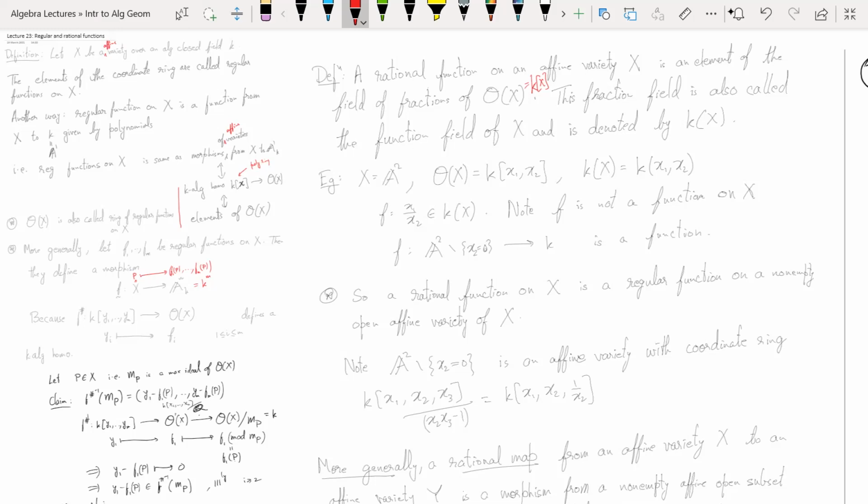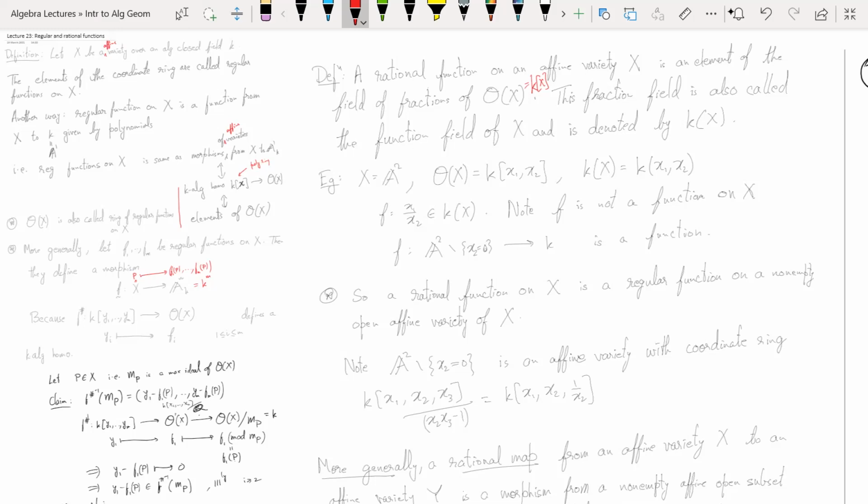Of course, if you take anything in the polynomial ring, it's a polynomial in 2 variables, so it defines a function from A2 to K. You just plug in two numbers from K and evaluate the polynomial. These are the first few functions which we see in our life.